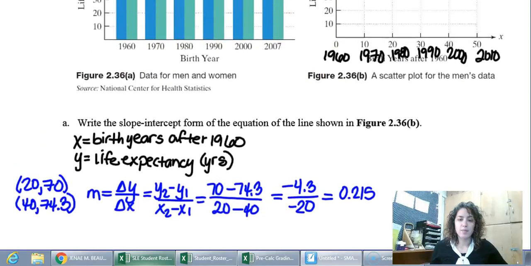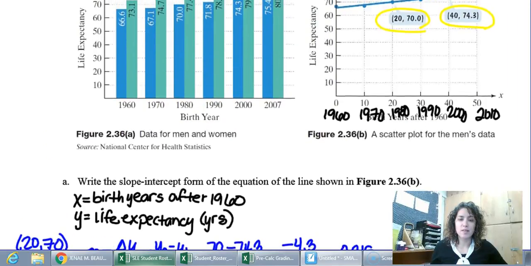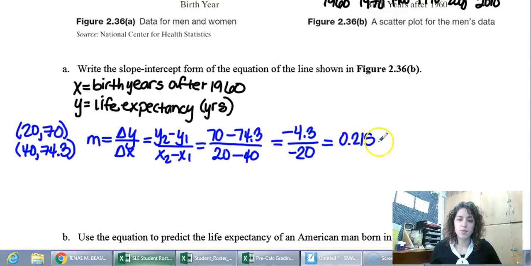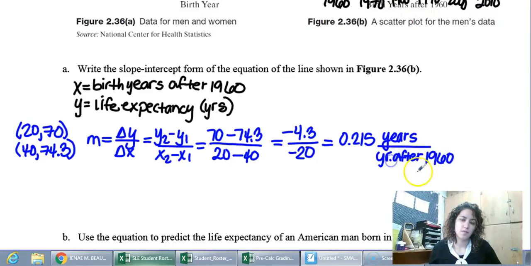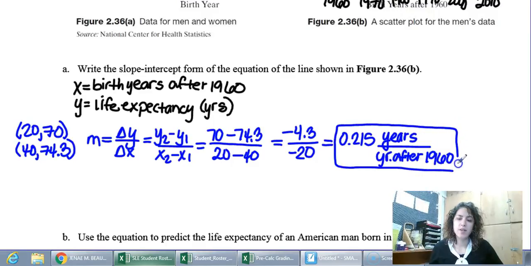If I put some labels on here, my y value is life expectancy, so 0.215 years per year after 1960. Every year after 1960, people lived 0.215 years longer.